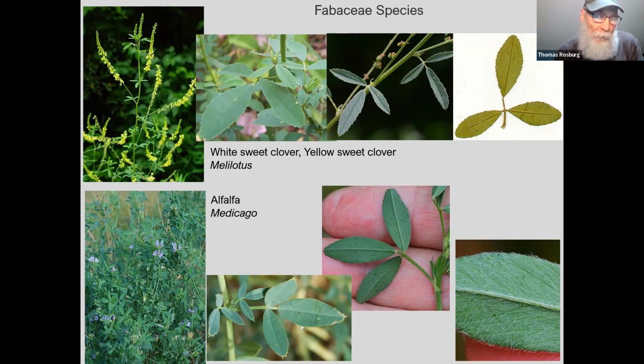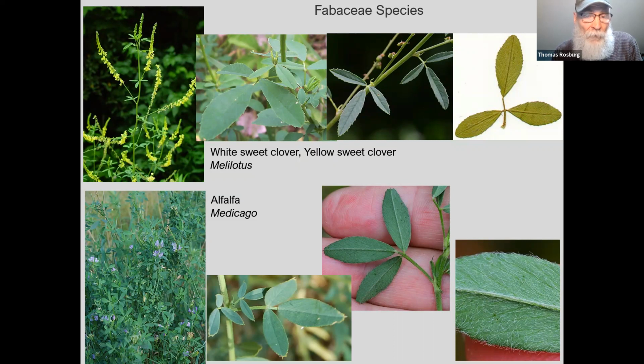I'm going to put them together in a group because they're so similar. In fact, I've heard that when Flora of North America comes out with the Fabaceae, they may end up being combined together as the same species. They're not that way in Flora of Missouri, but we'll see, I guess.